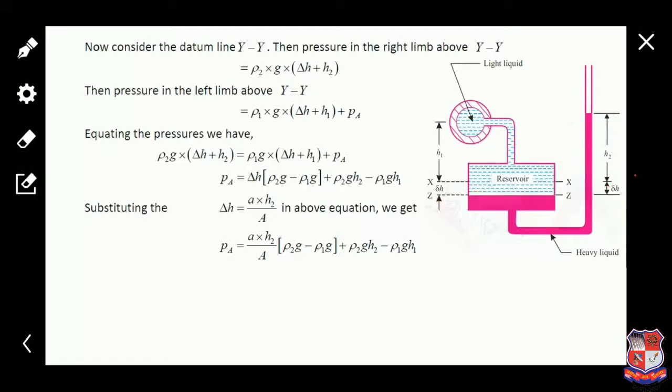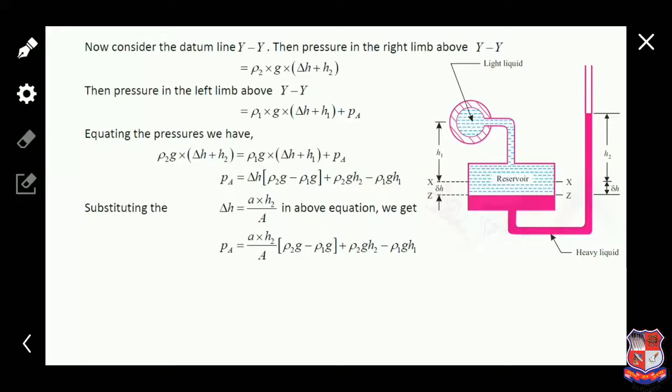Now the pressure in the left limb above the ZZ datum plane: first of all the pressure in the pipe PA, plus the column rho 1 g times (delta H plus H1).